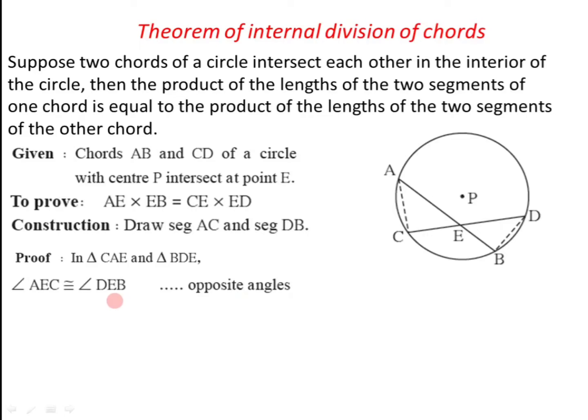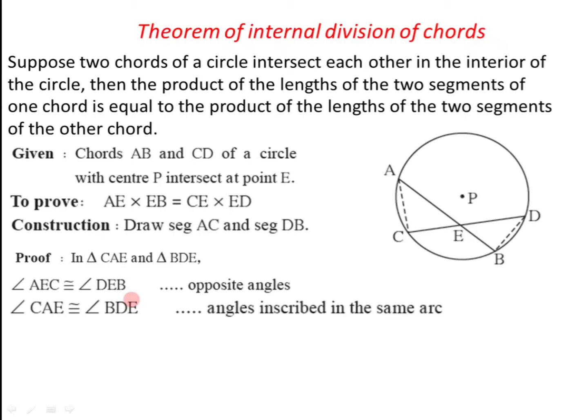Now we have another component, that is angle CAE is congruent to angle BDE, as both of these two angles are inscribed in the same arc, that is angle CAE and angle BDE are inscribed in arc CB, and we know that if there are two angles which are inscribed in the same arc, those must be congruent. That's why these two angles are congruent.